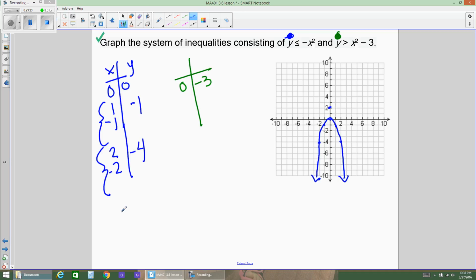So 0, 2 is our point, which means I say 2 is less than or equal to negative 0 squared. 2 is less than or equal to 0. Is that true? No, it is false. So since it's right here, and it's on the outside, I have to shade on the inside.